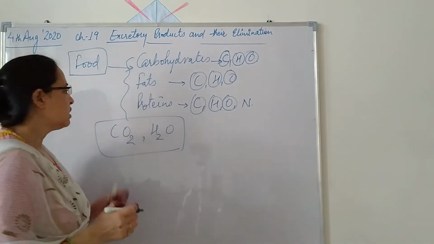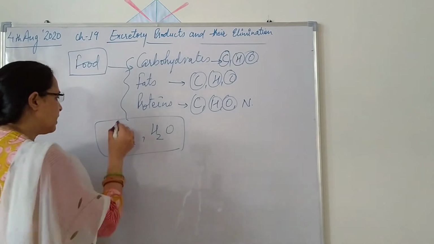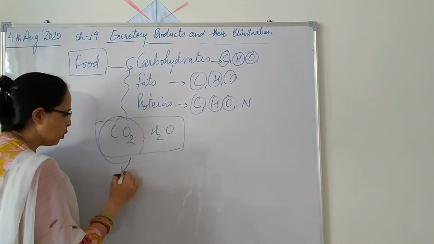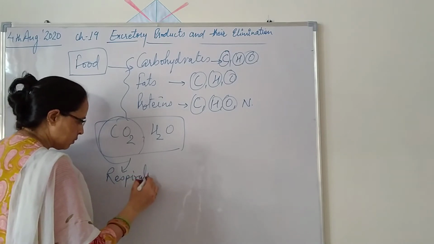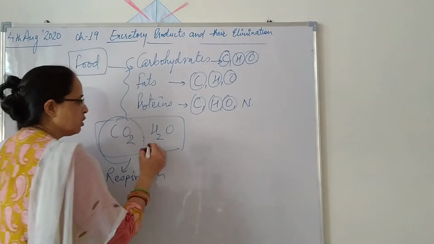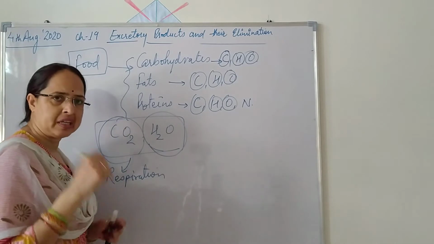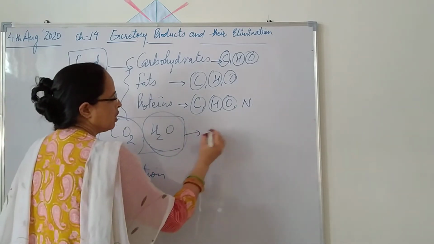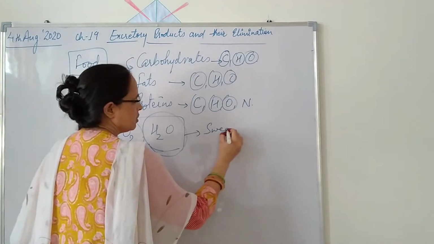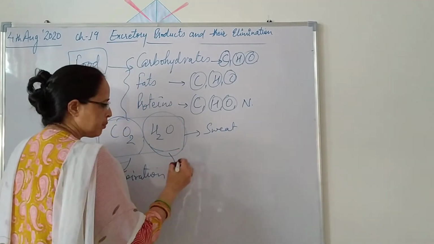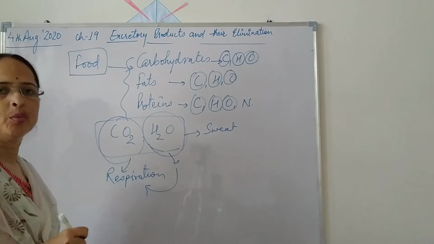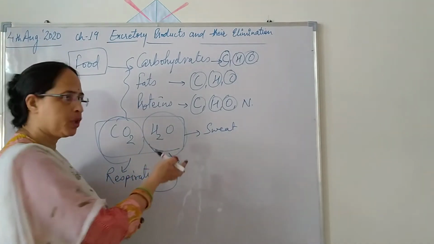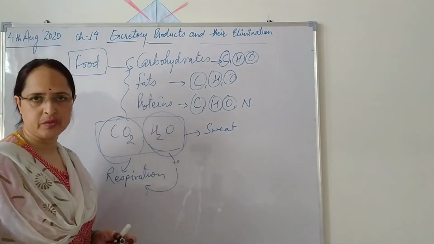This carbon dioxide is released out of the body through respiration, and water is also released in the form of sweat, or it gets vaporized, and when we respire, the water is released as water vapor.